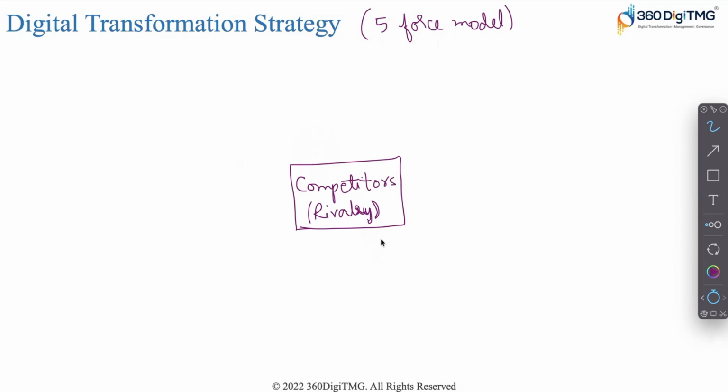And you need to analyze what is the rivalry among existing firms, that is between your company versus your competitors. What are the features on which you're competing? Can I do digital transformation to increase the worthiness of those features or not? This is one very important thing that you need to look at. This is from an industry standpoint. You're comparing your entire industry. And then you also need to look at entry barriers.